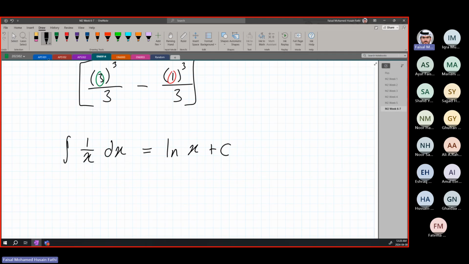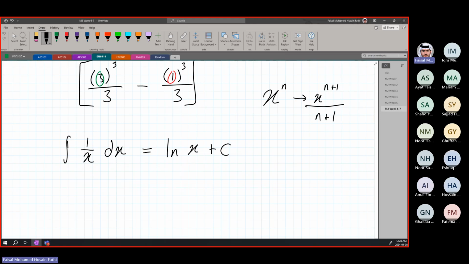How can you remember this? Remember, any basic integration is x to the power n, and to integrate this, you're going to do n plus 1 of x divided by n plus 1. All right? This is what the integration of x to the power n is.